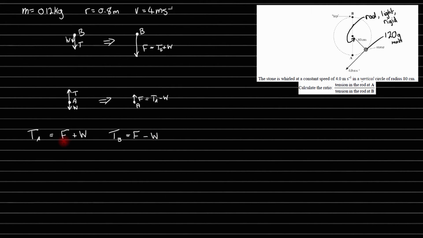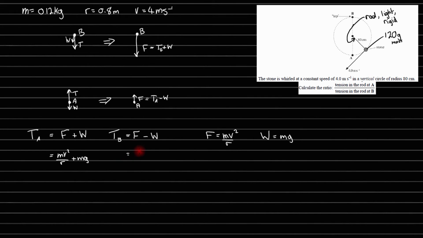What is the centripetal force? Well, we're given a mass, a speed, and a radius. I'm wanting to use the equation F equals mv squared divided by r. And what's the weight? Well, the weight is equal to mg. Let's input these equations in like so. The tension at A is mv squared over r plus the weight, mg.